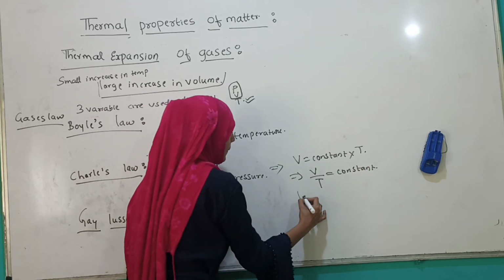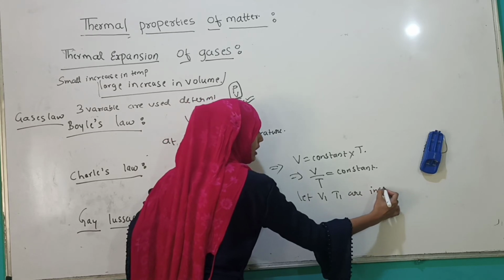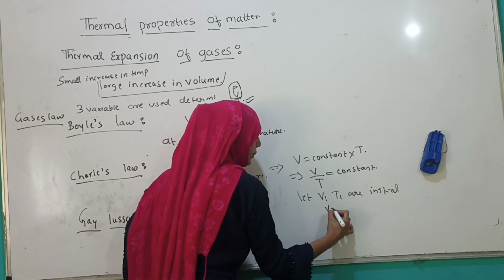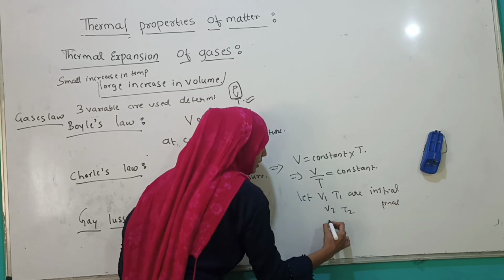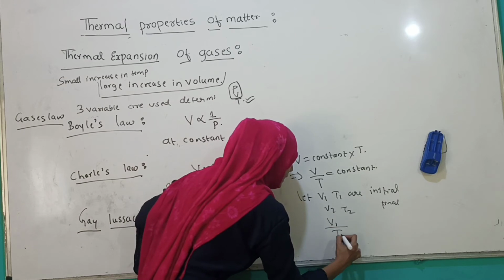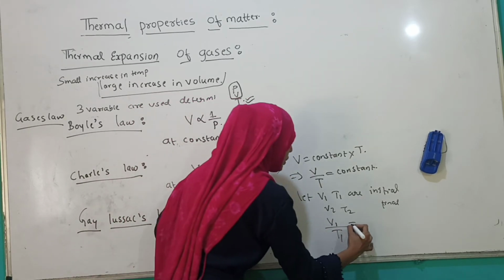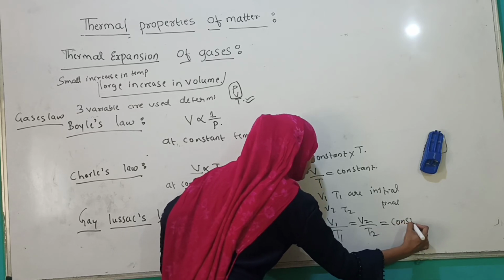Let V1, T1 be initial values and V2, T2 be final values. Then the above equation can be written as V1 by T1 is equal to V2 by T2, that is equal to constant.